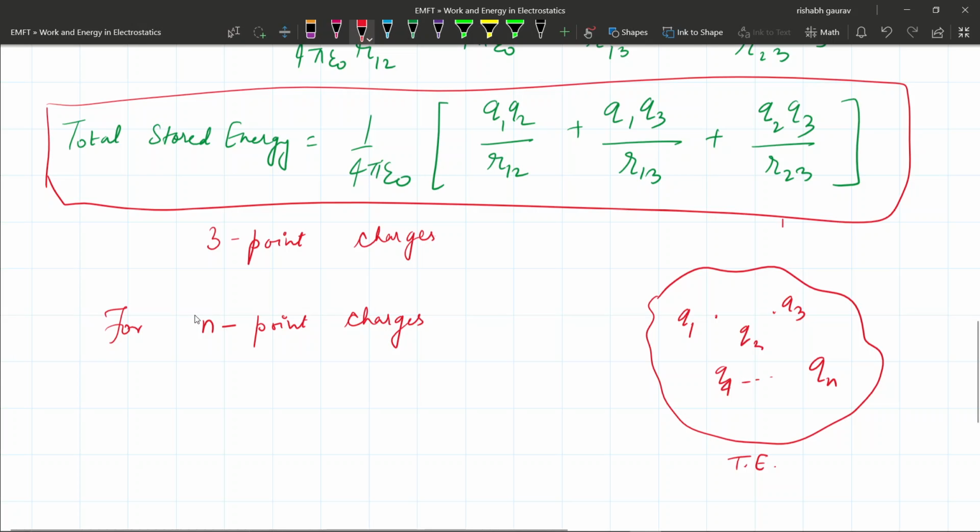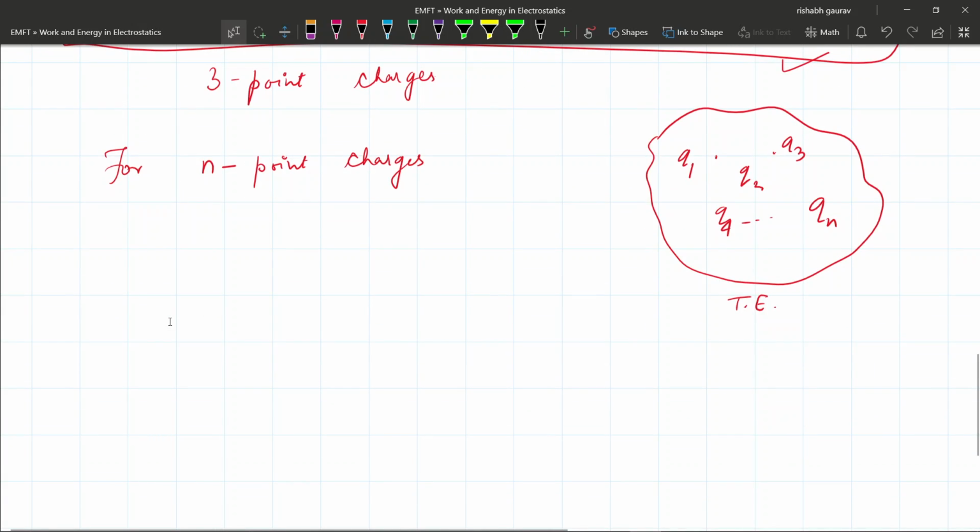Now, if we look at this formula, we can generalize it for n number of charges, and this will be given by, let us call it W only, total energy.